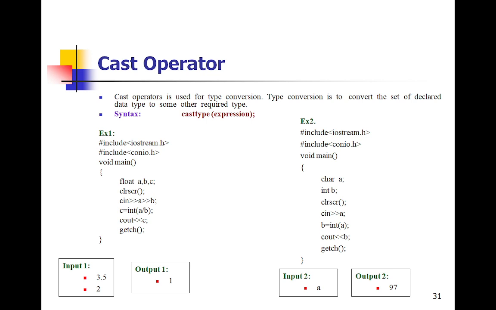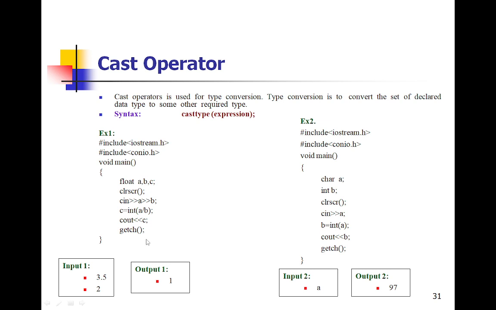Now let us discuss the cast operator. Cast operator means that we are going to convert the data type of operands. If you want to change the data type of those operands, we can easily change it, based on which we can get the result. The syntax is cast type, then within brackets we type the expression.